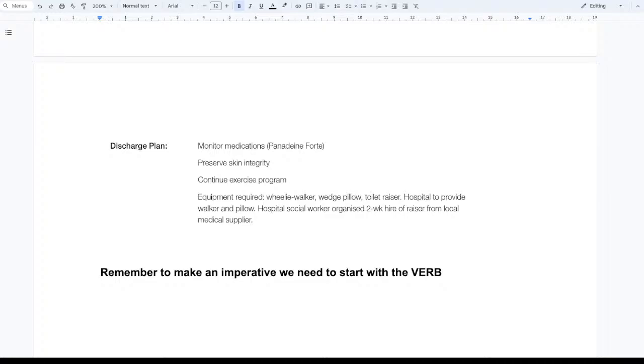So let's look at this discharge plan and look at the first line. First line says, monitor medications. And then it says Panadine with a strange spelling, Forte, or Fort, okay? So that's the case notes.